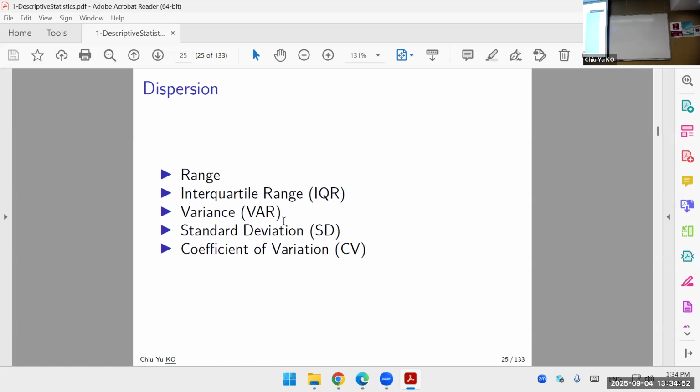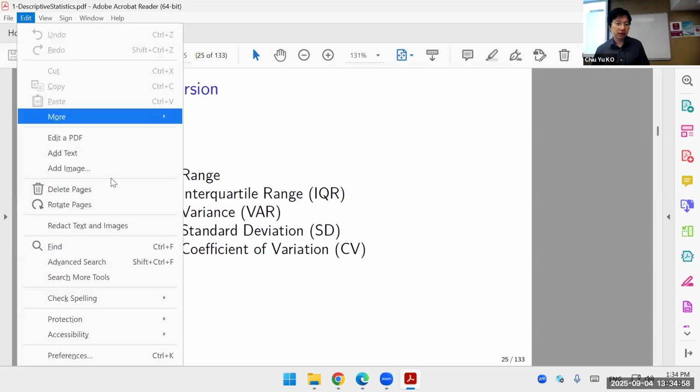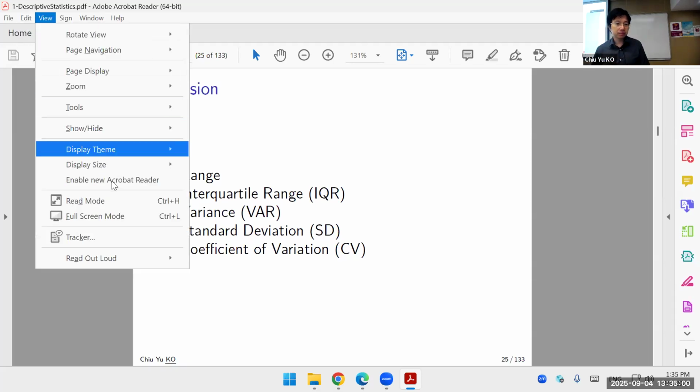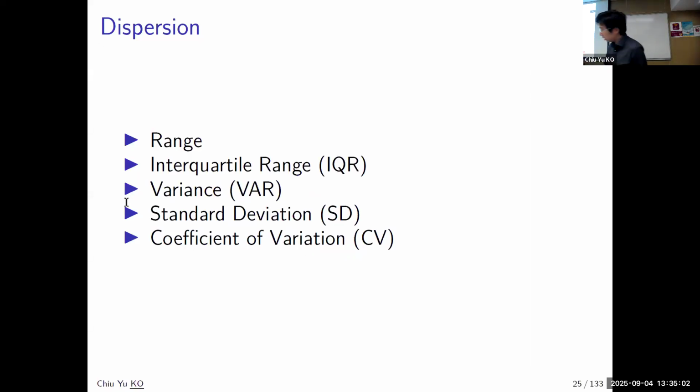And there are many ways to talk about this dispersion, right? Let's see if it works. Okay. And there are at least 5 different ways to describe it. And the most common one, as you will notice, is the variance and its square root form, SD, right?